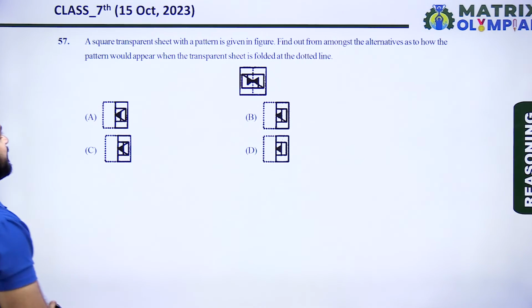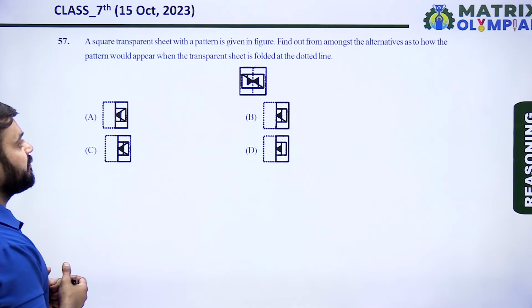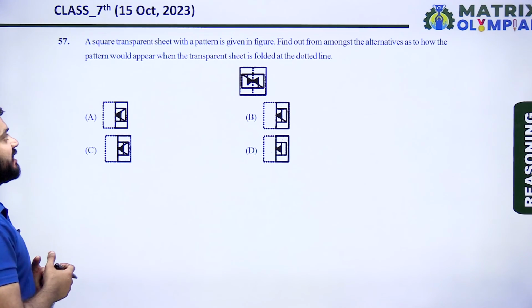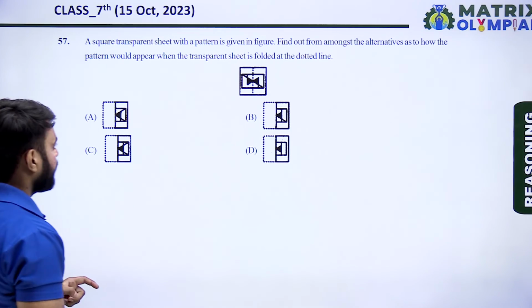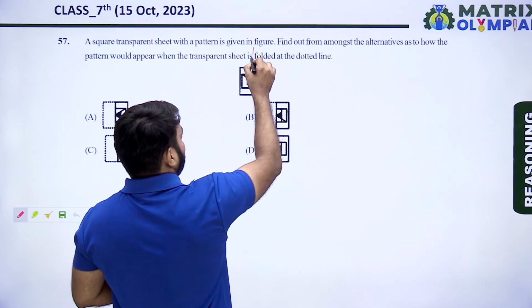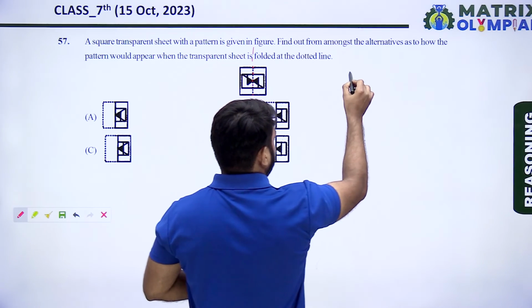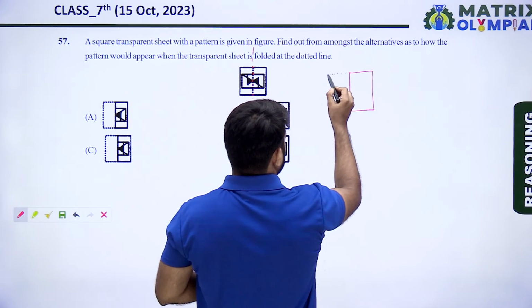A square transparent sheet with a pattern is given in the figure. Find out from amongst the alternatives how the pattern would appear when the transparent sheet is folded at the dotted line. When the given image is folded along the dotted line, then we will get the image like this.